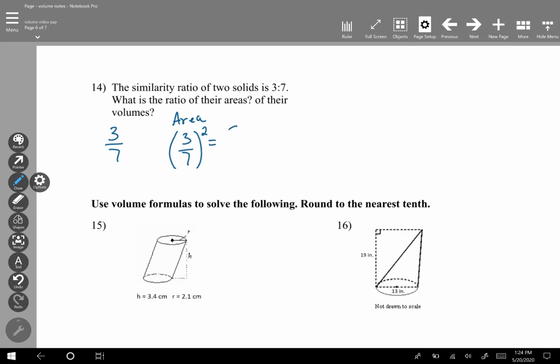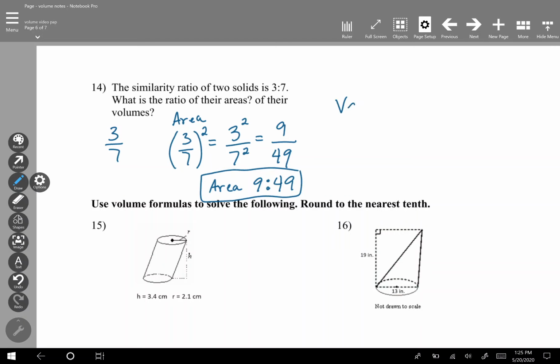So that's going to be the top squared over the bottom squared. Okay, and you just leave it as is. So 3 squared is 9, 7 squared is 49. Okay, so it'd be 9 to 49 for area.